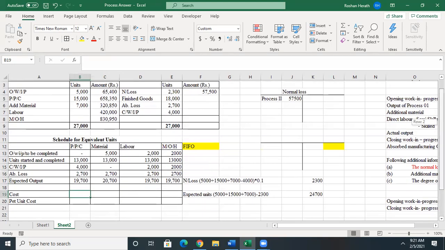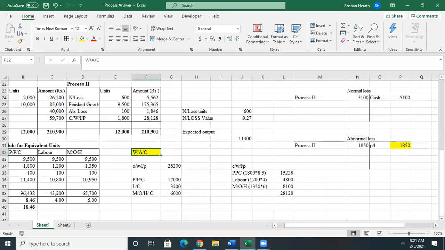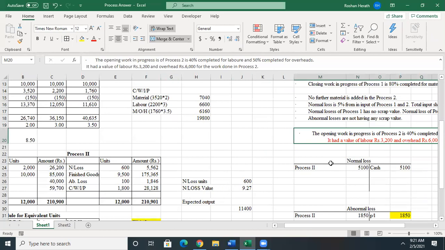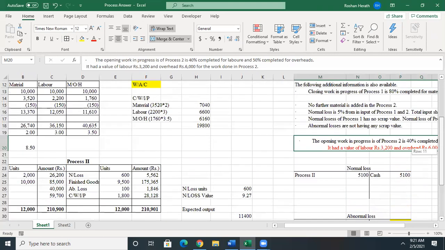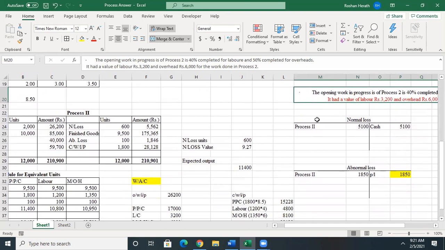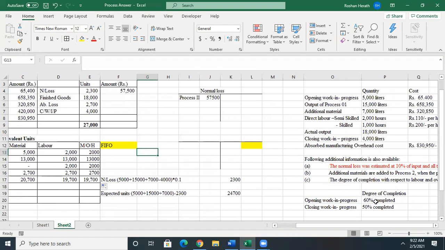So here, if I'm to give, like in the case of weighted average cost, what was the decision criteria? You must be able to distinguish the cost of the opening WIP among the cost components. So the WAC method එක apply කරනවා නම් ඒකේ decision rule එක තමයි opening WIP වල තියෙන cost එක split කරගන්න පුළුවන් වෙන්න ඕනේ different cost components අතර. ඒ වගේම FIFO වල තියෙන criteria එක මොකක්ද? FIFO වල criteria එක තමයි පුතා අපිට cost එක අනිවාර්යෙන් split කරගන්න අවශ්‍යතාවයක් නැහැ. නමුත් we need to know the percentage of completion.